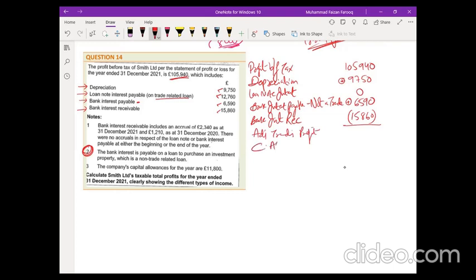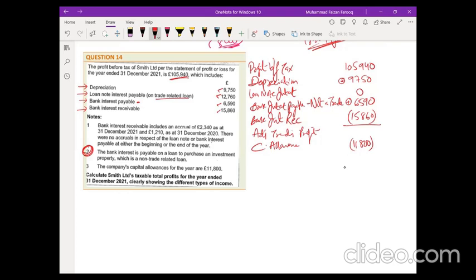And are we not going to calculate from the note one? It says bank interest receivable and payable calculation. No need. This calculation will be needed when we are going to calculate TTP. Just now we are calculating trading income. Allowed, not allowed: which is supposed to be here, leave it. Which is supposed to not be here, remove it.